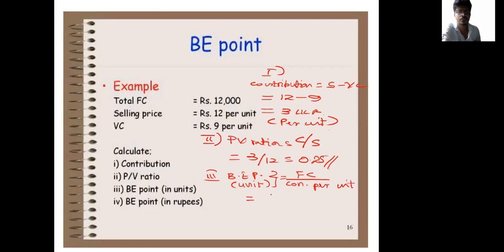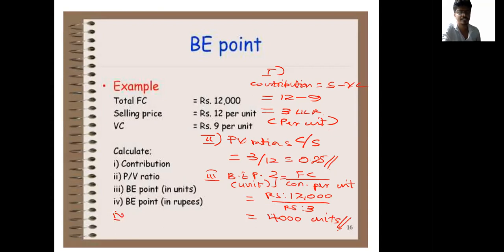Here fixed cost is rupees 12,000, divided by contribution per unit rupees 3. That means 4,000 units.